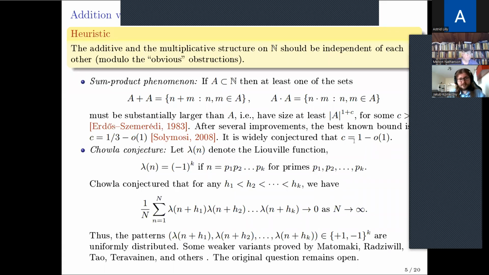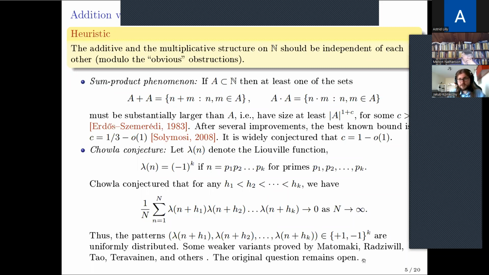Another related conjecture is due to Chowla. It involves the Liouville function, which is -1 to the number of prime divisors, and so this is very much a multiplicative object. Now, if you do something additive with it, namely take a bunch of shifts, multiply them together, and average, which is something very additive to do, you expect that you should see some cancellation, meaning that those k-tuples should be uniformly distributed in plus or minus 1 to the k.